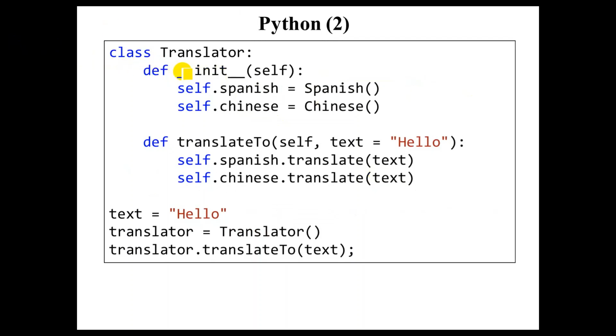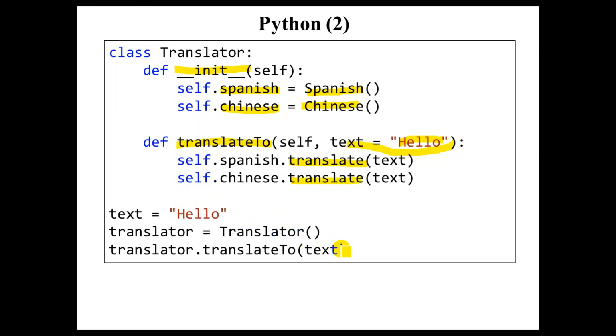What it is doing, as before in Java and C++, is initializing two objects, one for the Spanish class and one for the Chinese class. Next is the implementation of translate to, where you pass the default text hello, and it calls the translate method from the specific class, that means from the Spanish class and from the Chinese class.